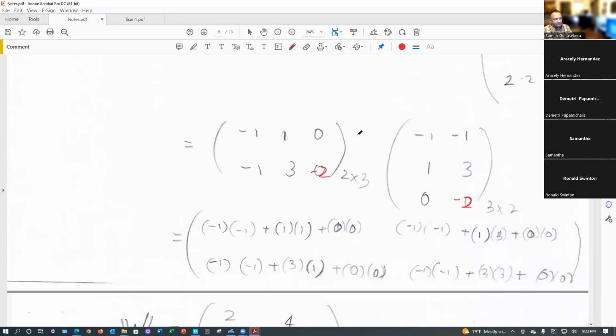Then I'm going to build up first row, first column: this one to this one, this one to this one, this one to this one. First row, second column, this one negative 2.